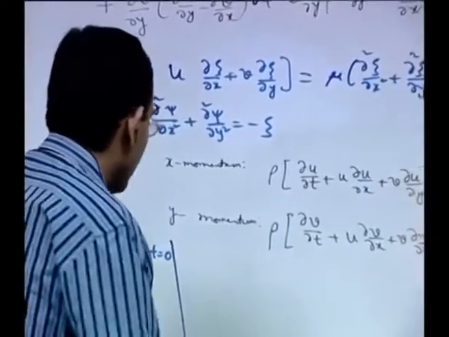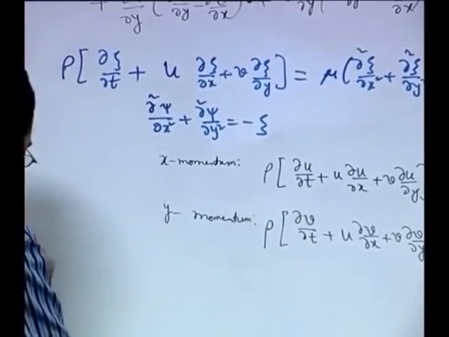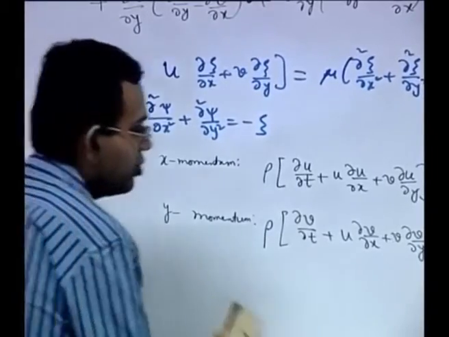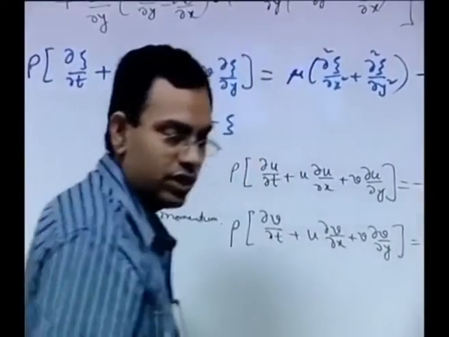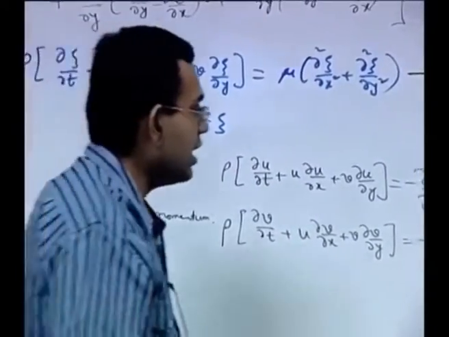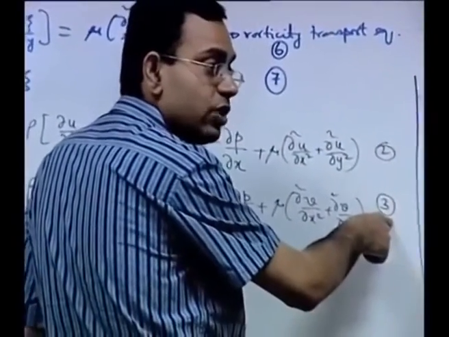So, how do you recover pressure? To recover pressure, once you know u and v, you can set up a governing equation for pressure. How can you do that? Let us say that you differentiate now equation 2 with respect to x and 3 with respect to y and add together.